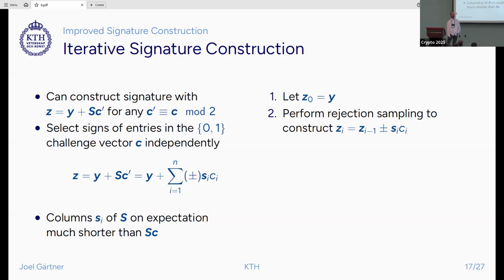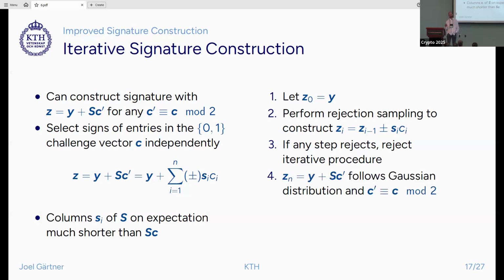If any of these iterative reaction sampling steps fail, then the full reaction sampling fails. But if all of the steps succeed, then every Zi follows a discrete Gaussian distribution. In particular, this includes Zn, which is given as y plus sc prime for some c prime congruent to c modulo 2. And thus we can use this Zn for our signature.